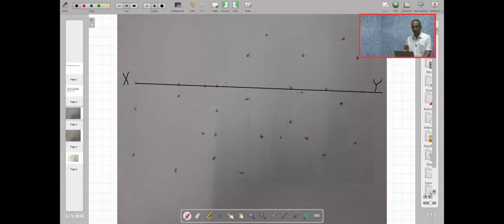Now I will be drawing the top view where I can see the pentagon. Let me choose blue color, and this is the pentagon. So this pentagon is resting on HP.